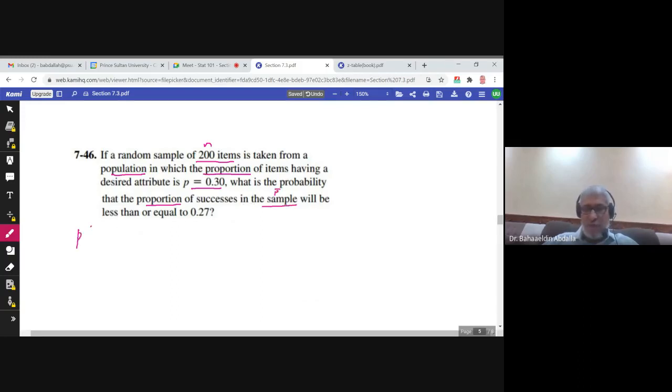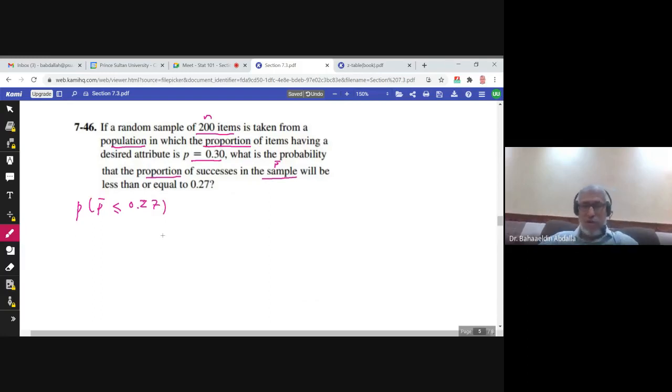So what is the probability that P bar is less than or equal to 0.27? So you just find it would be, and it is a sampling distribution of P bar is a normal distribution with the mu equals to P, which is 0.3, and sigma is equal to square root of 0.3 times 0.7 over n. N in this case is 200.